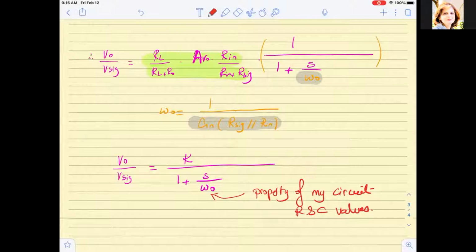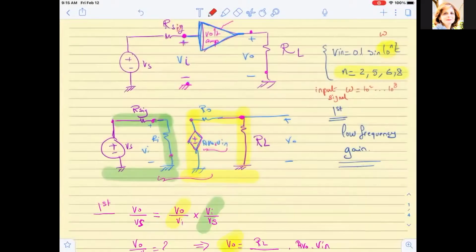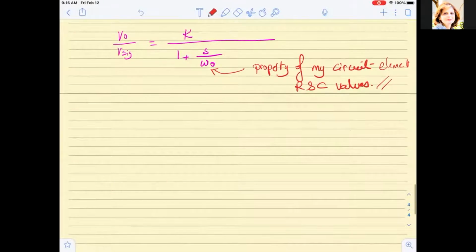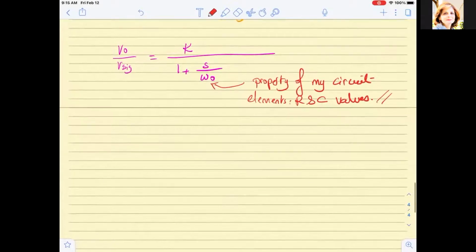It does not change with the input. It is a function of my circuit elements. K is also a property of my circuit elements.